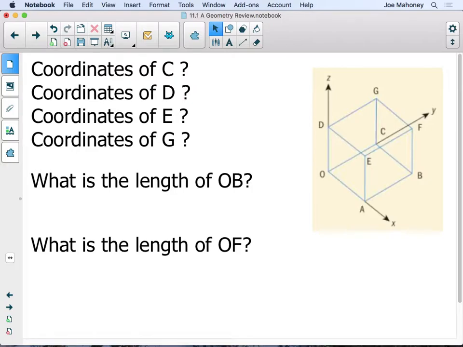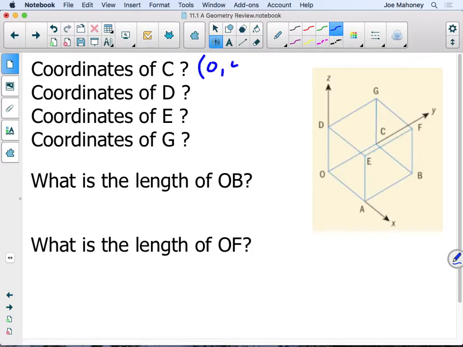So point C. Point C looks like it's along the y-axis. So point C's coordinates are going to be 0, 4, 0. Point D is on the z-axis. Its x and y values are 0, so it's at 0, 0, 4.